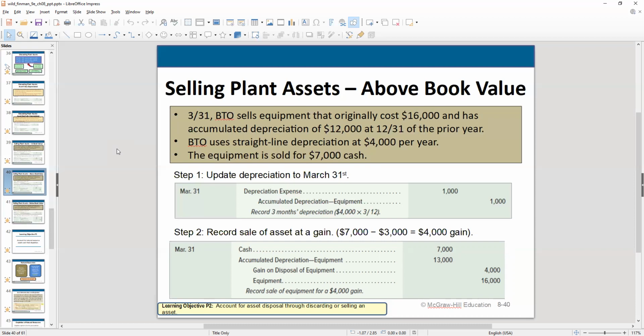Well, you can see $7,000 cash that we receive minus the book value of $3,000, okay? Because we're in the last year. That's going to give us a $4,000 gain. So we're going to debit cash $7,000. We are going to credit accumulated depreciation equipment $13,000. Then we're going to credit gain on disposal of equipment $4,000, and we're going to credit equipment at $16,000.